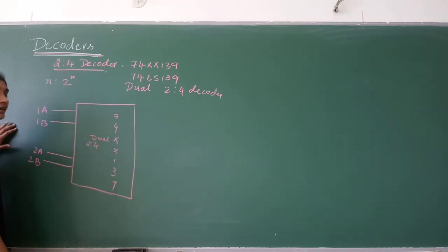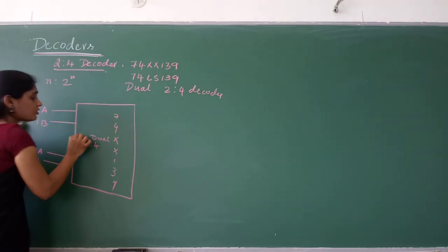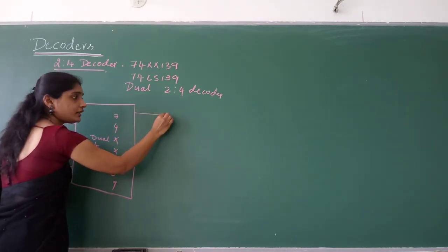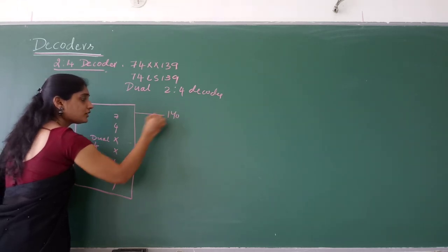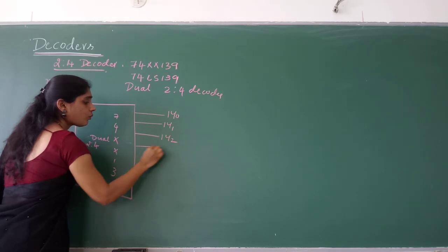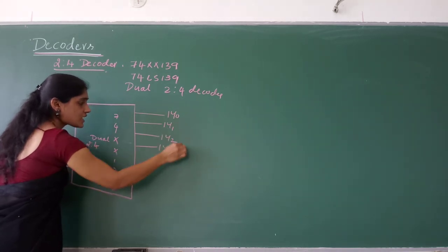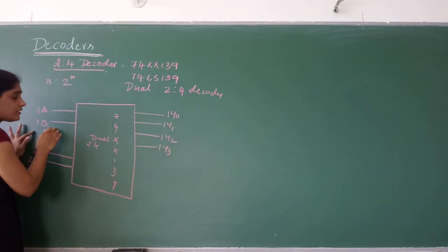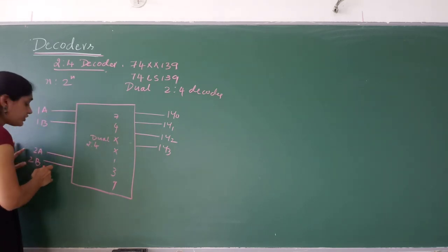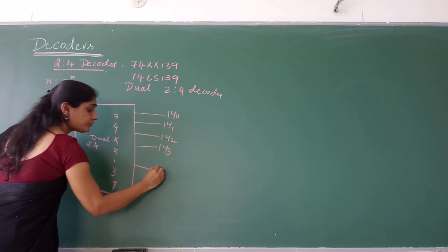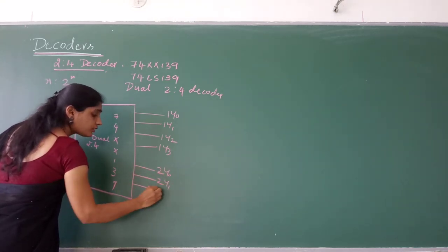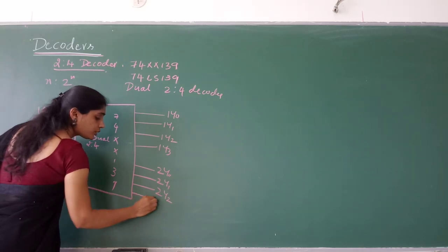The IC number is 74XX139. For the first decoder, how many outputs? 4. Let me call the outputs 1Y0, 1Y1, 1Y2, 1Y3. These are the 4 outputs for the first decoder, which has the inputs 1A, 1B. For the second 2:4 line decoder, I have 2Y0, 2Y1, 2Y2, 2Y3.